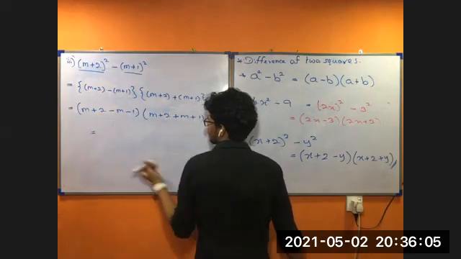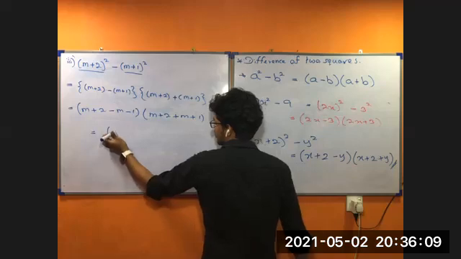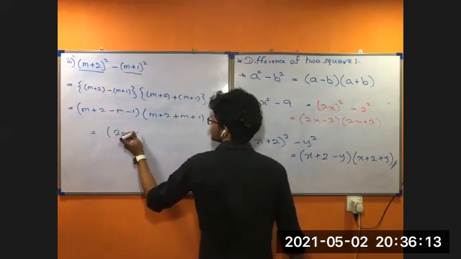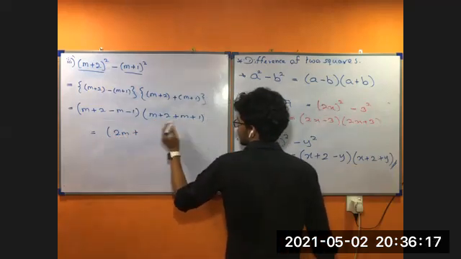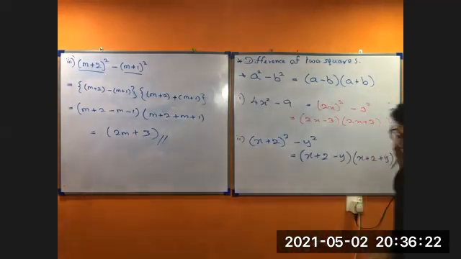So 2 minus 1 is 1. So we have only one factor. m plus m is going to be 2m, plus 1 plus 2, 2m plus 3. So 2m plus 3 times 1. That is the answer.